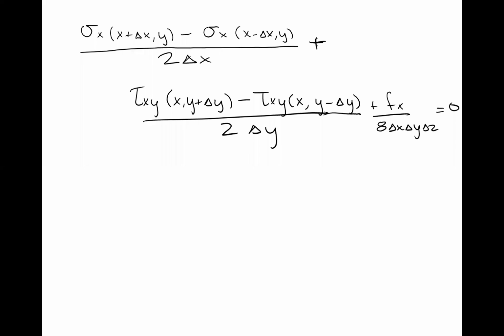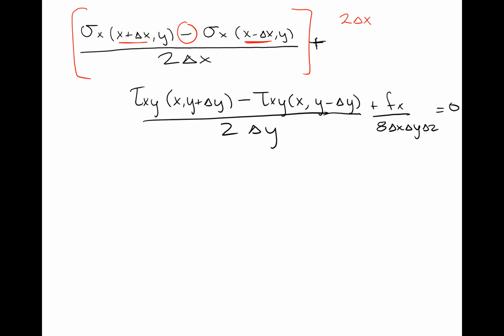So let's take a look at what we have here. The first part of this equation is looking at the change in sigma x as we go from x minus delta x to x plus delta x. So we're traversing a distance of 2 delta x.